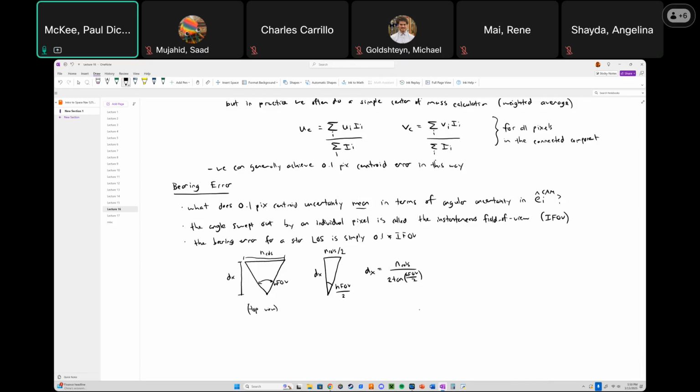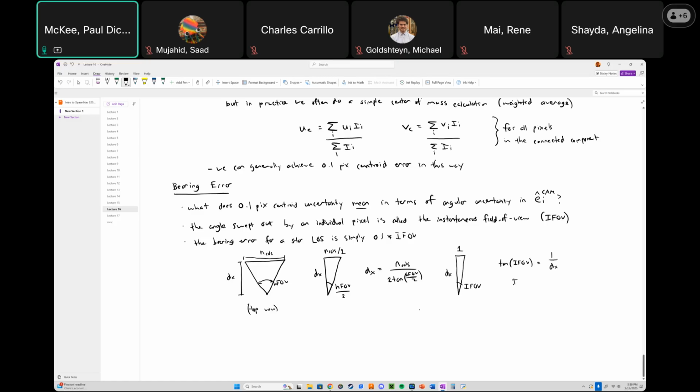But then we could take another triangle and say, okay, let's talk about a single pixel. I tried to make this kind of skinny. Let's say this is just 1 pixel, and then this is dx. What is this angle? Well, this would be your IFOV. So from there, we can say that the tangent of your instantaneous field of view is opposite over adjacent, 1 over dx.